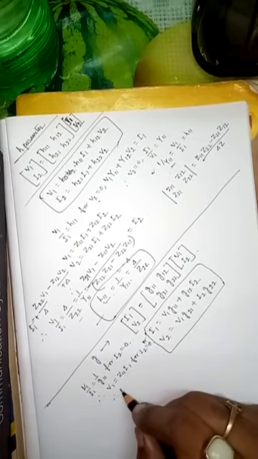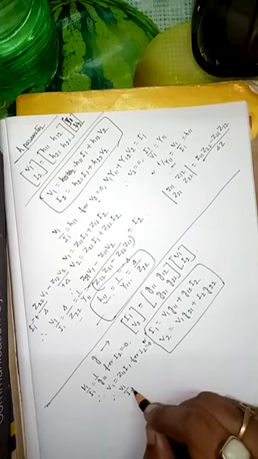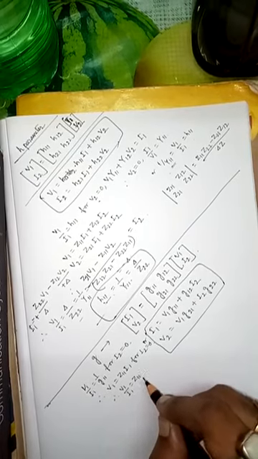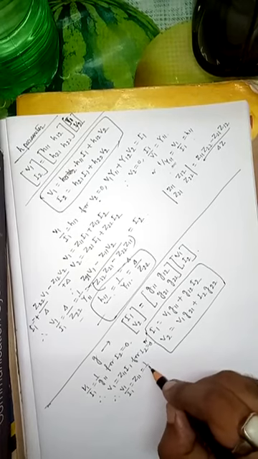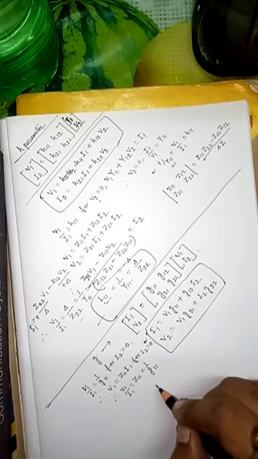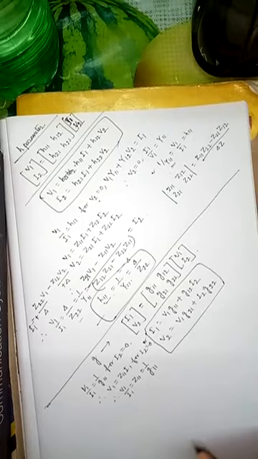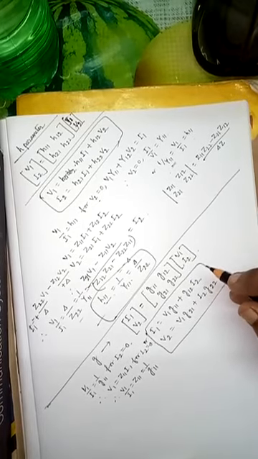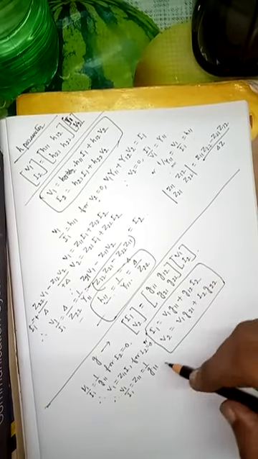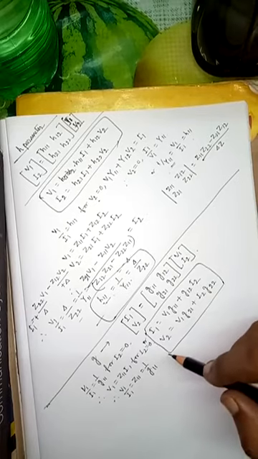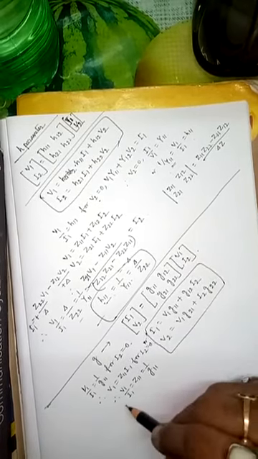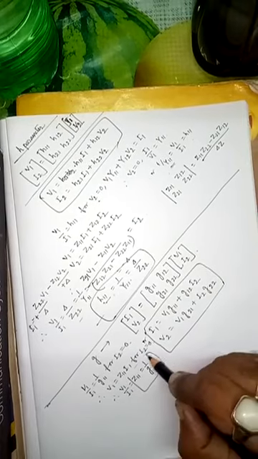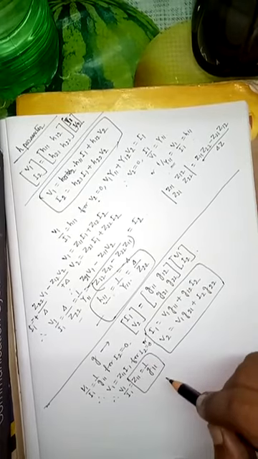So V1 by I1 equals Z11 and equals 1 by G11. Fine. So there must be some relation of that Z11 with that Y, and finally Y to H in this way. So that is the relation of the Z parameter and the G parameter.